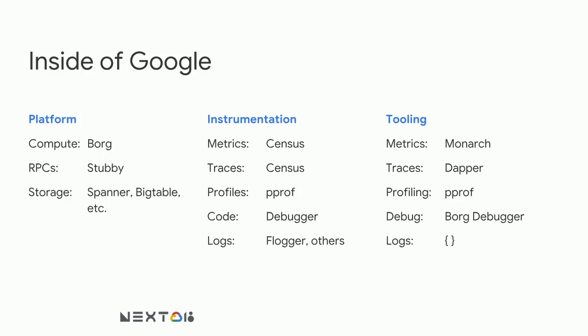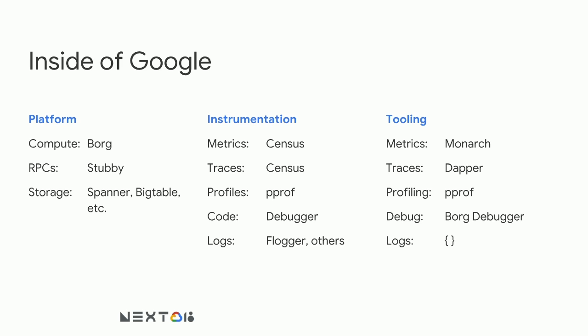For profiling, we have tools like Google-wide profiling and pprof that capture information. And we've also got a production debugger called the Borg debugger. We've made a lot of investments in instrumentation to ensure that when you build a service inside of Google, you get all of this automatically for free. You don't have to reinvent the wheel every time. Indeed, you typically don't even need to add a library. It just works out of the box. It's really nice.